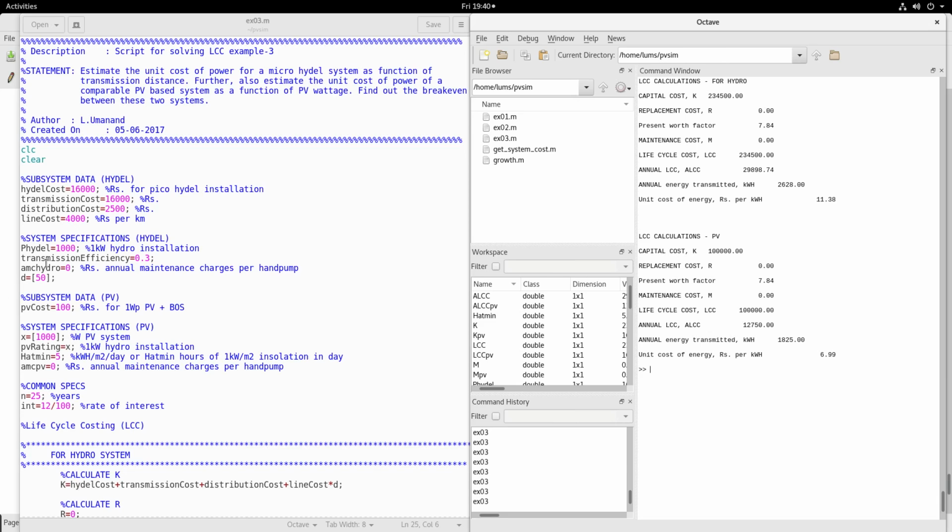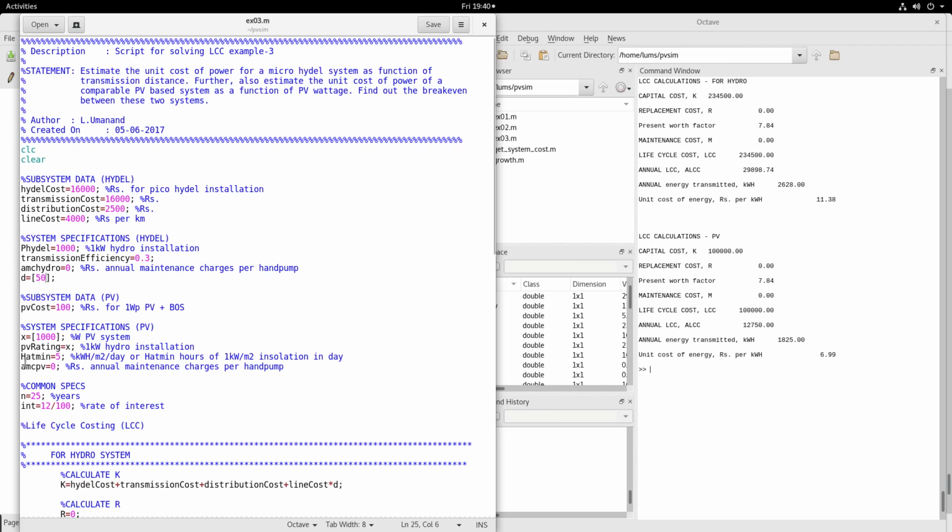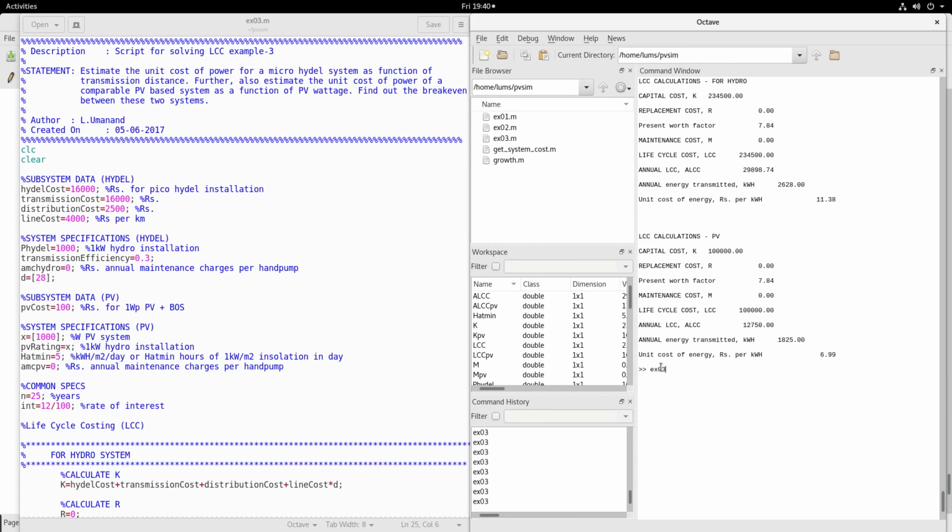So if you are around that 28 point, both should be of similar values. You can rerun them. So you see it's 7 rupees, and PV is also 7 rupees, both. So the break-even comes around that point. In this way you can use this for solving break-even problems.